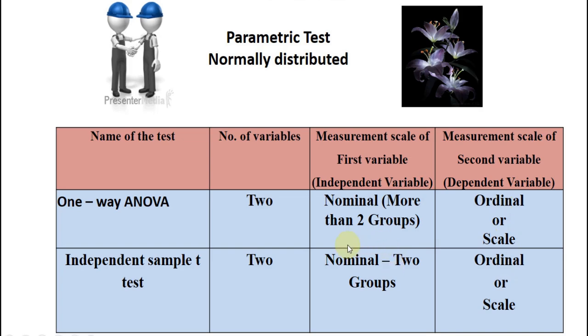If we have two groups, at that time we have to apply the independent sample t-test. For example, gender, we have two groups. If our groups are more than two, at that time we have to apply one-way ANOVA instead of the independent sample t-test.